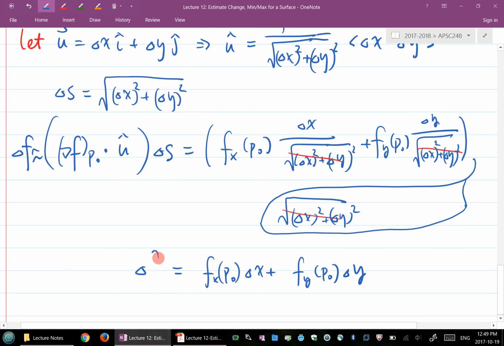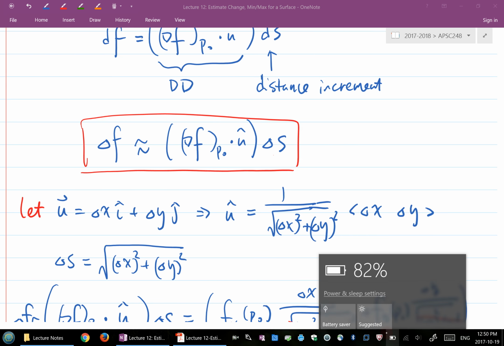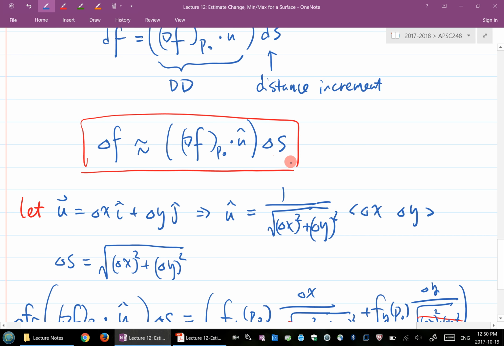So now you see this formula is exactly the same as the formula for the second case. So from now on, if there's a question about estimating the change in the function f by going in a certain direction by a certain displacement, all you need to remember is just this formula.